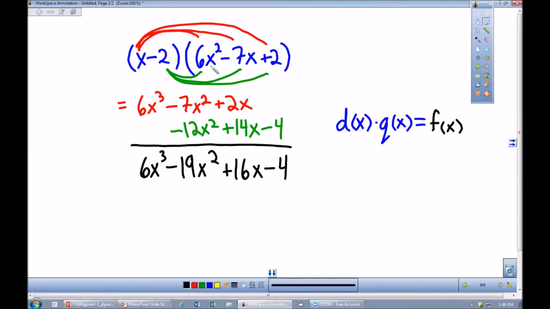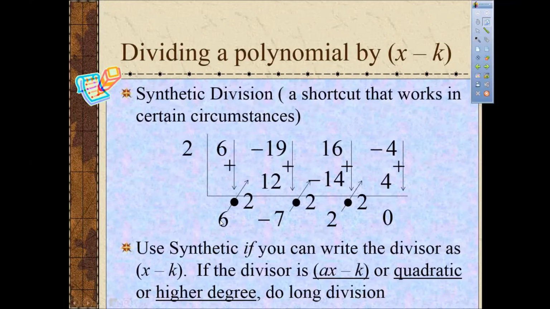So I can take those numbers from my synthetic division and write the quotient as 6x squared minus 7x plus 2. This new quotient will always be 1 degree smaller than the original.